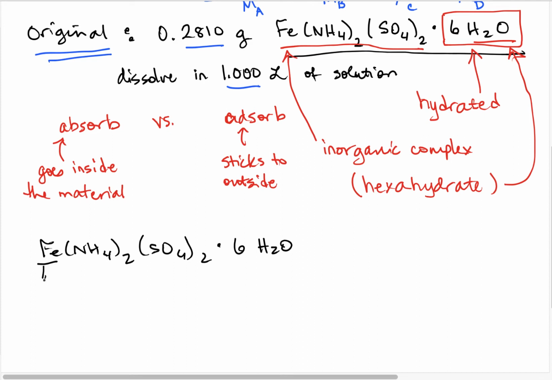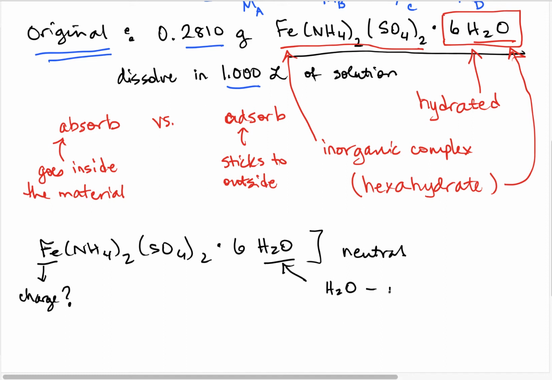So this is an iron ion, but what is the charge on it? Let's check it out. So we know that this is neutral overall. So what about all the pieces? What's the charge on a water molecule? We just write H2O, right?